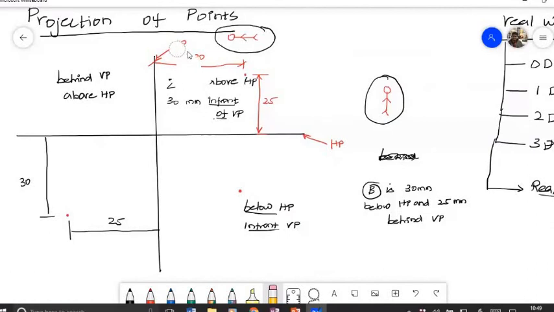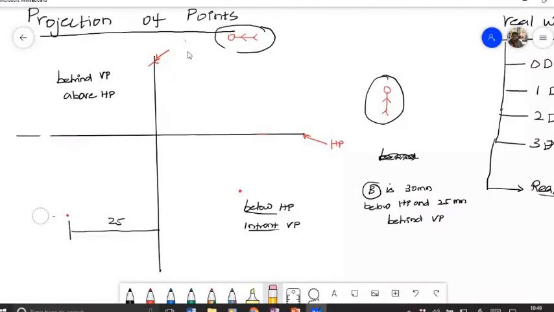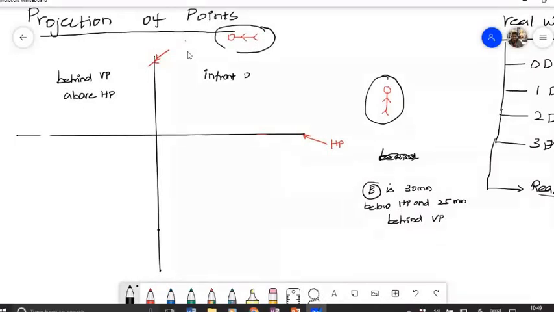I'll erase these parts because I had drawn them for your understanding. So for the second quadrant: behind VP and above HP. For the first quadrant: in front of VP and above HP.